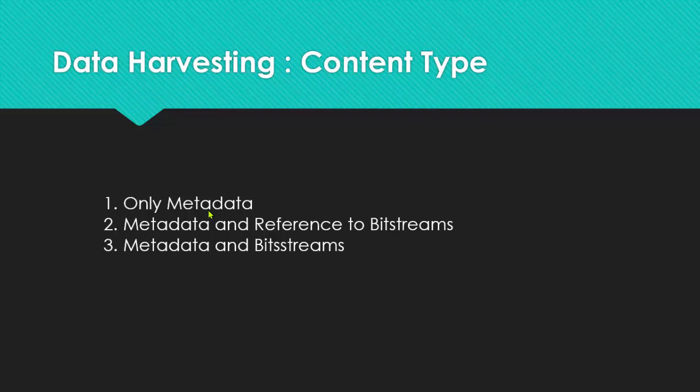It's only the links which forward to the actual repository. And third, metadata and bitstreams, meaning we are harvesting the actual metadata and the actual bitstreams. These bitstreams are downloaded in our computer, in our server, in our repository. So they can be located in our servers.